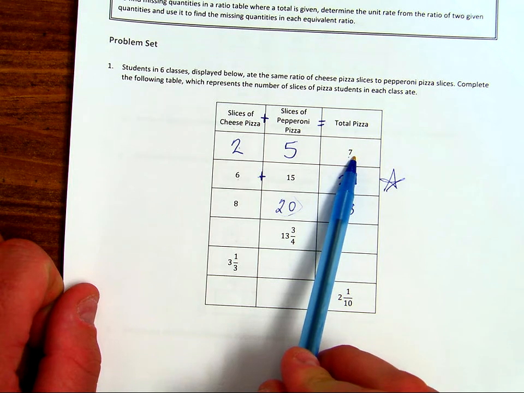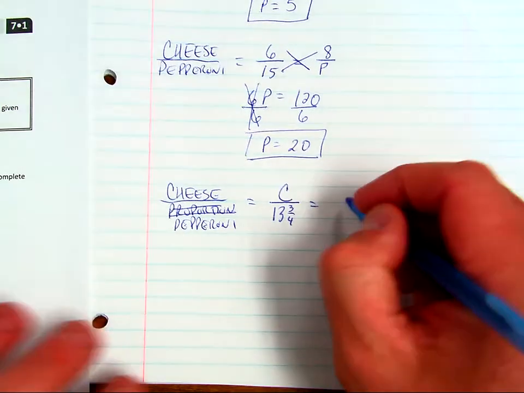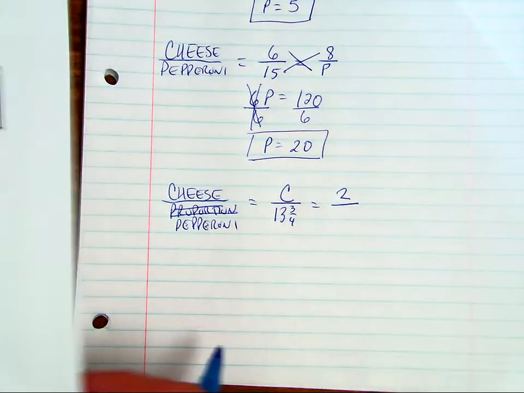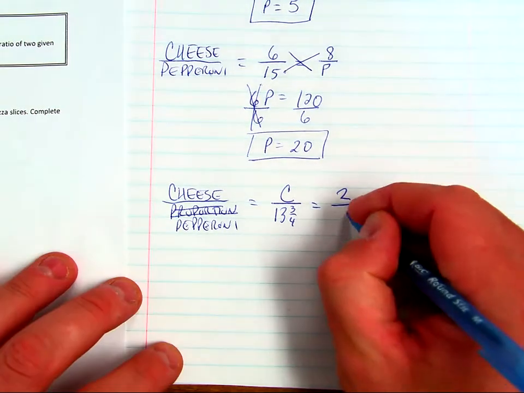So I have cheese in the numerator, so I am going to put 2 in the numerator. I have pepperoni in the denominator, so I will substitute the 5 and cross multiply.